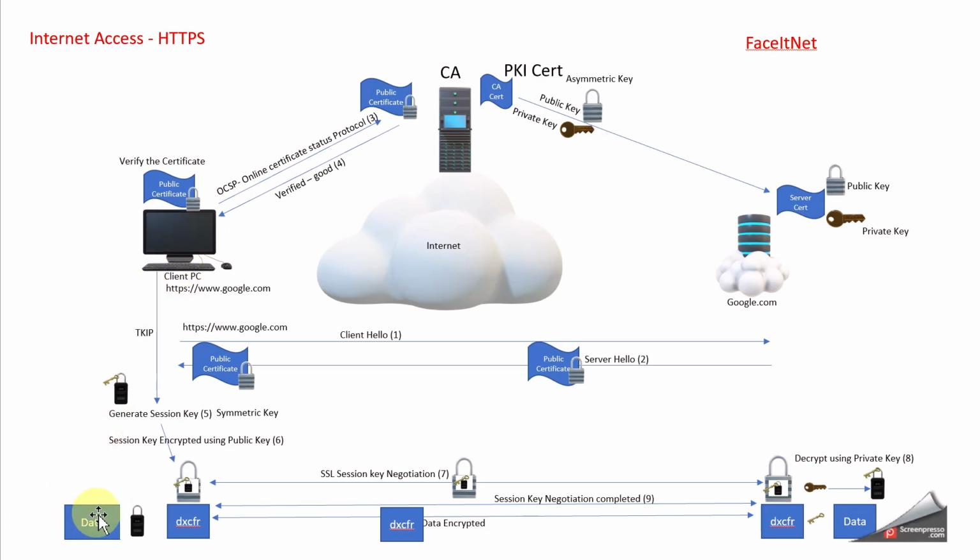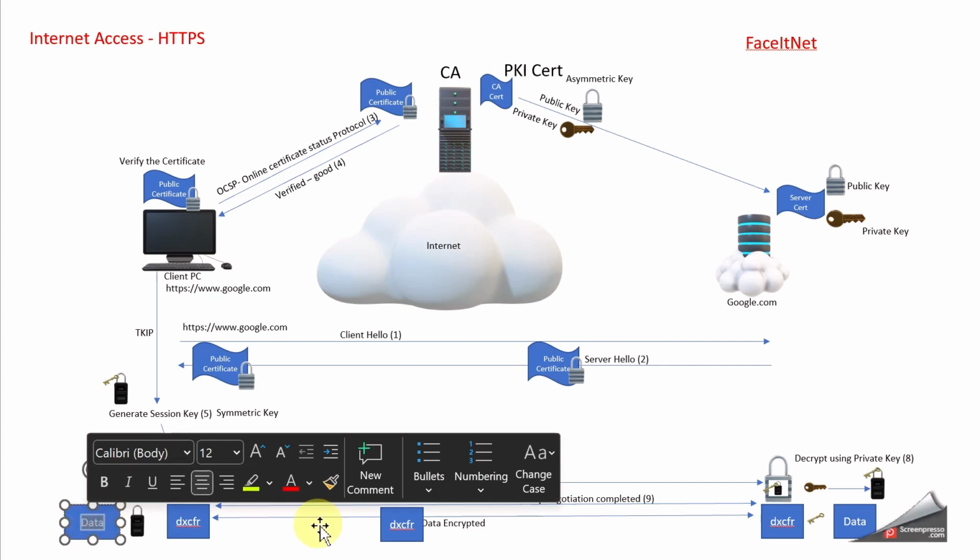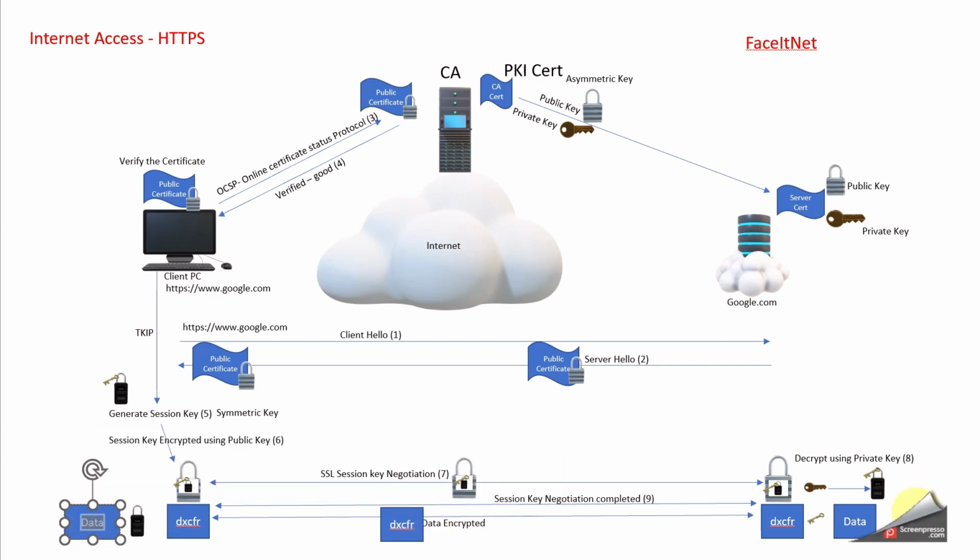The client machine has the data, uses the lock, and that lock means it's to encrypt. So now it's encrypted, and the encrypted data is transferred to the destination. The destination has the paired key, and it uses that key to decrypt it. Now the data created on the client computer has gone to the server, and no one else can decrypt this data.